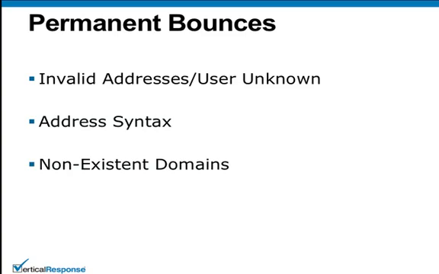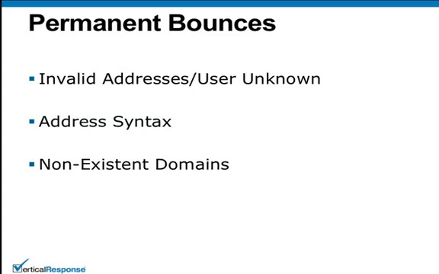A certain level of hard bounces is to be expected. Industry statistics, a Juniper report in 2009, showed that up to 33% or a third of email addresses become invalid every year. So receiving the user unknown error indicates that that address is no longer active or has never been an active email address, and so there's no possible future delivery.